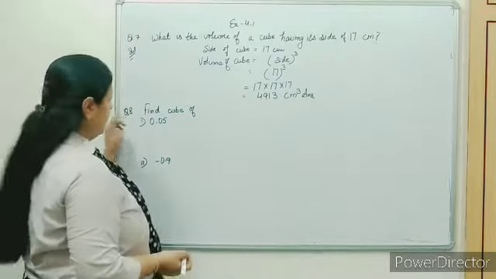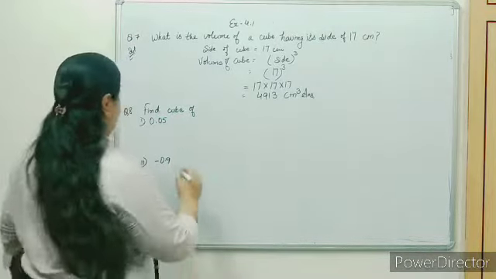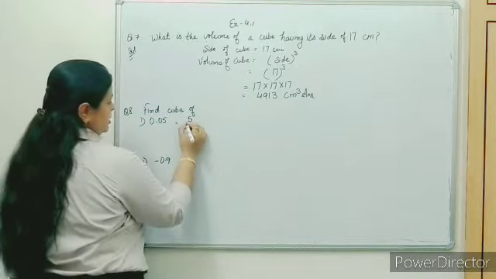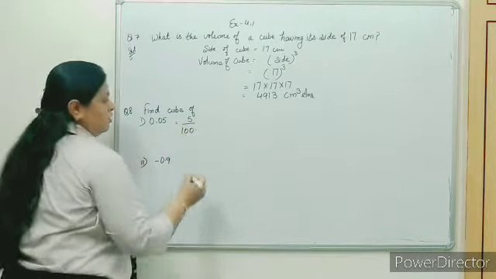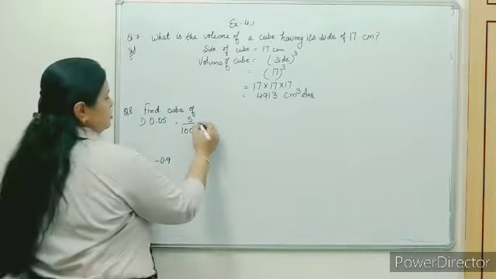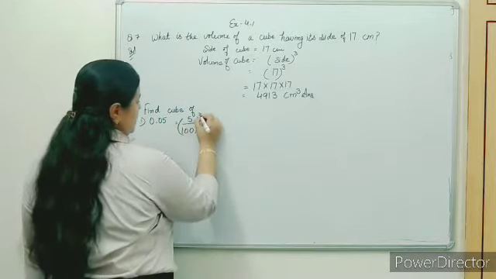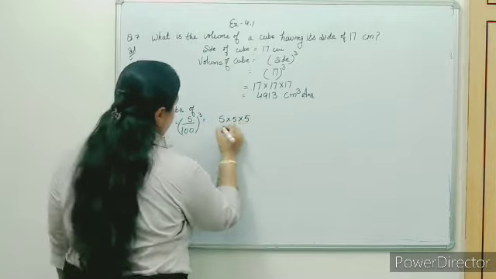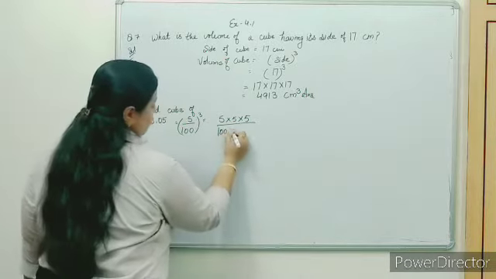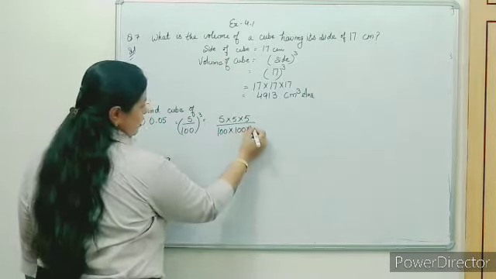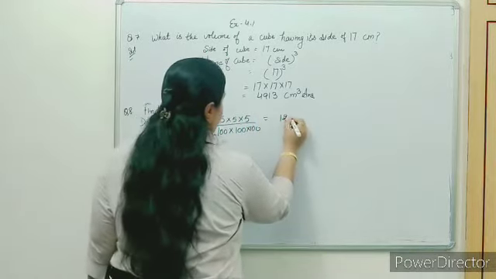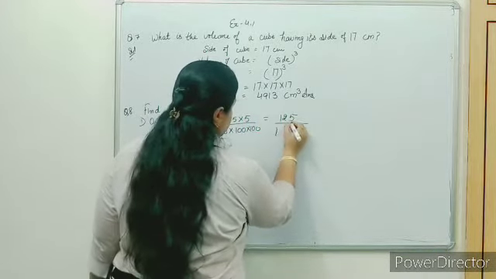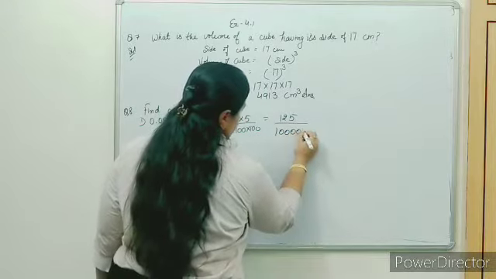Now question number 8. Find cube of 0.05. So first of all convert it into a rational number. 5 by 100. So you have to find cube of 5 by 100. So it will be 5 multiplied by 5 multiplied by 5, over 100 multiplied by 100 multiplied by 100. That is 125 and 6 zeros.